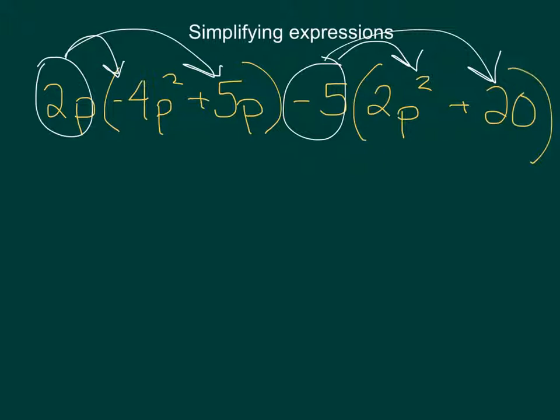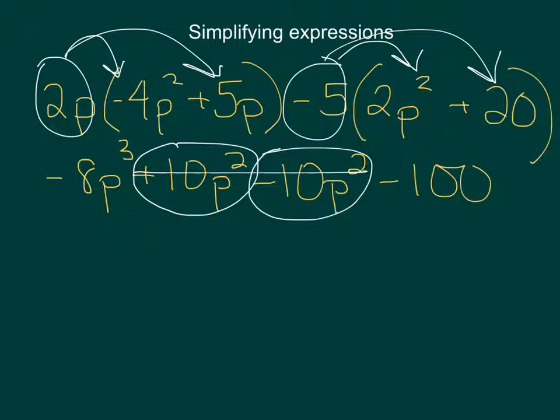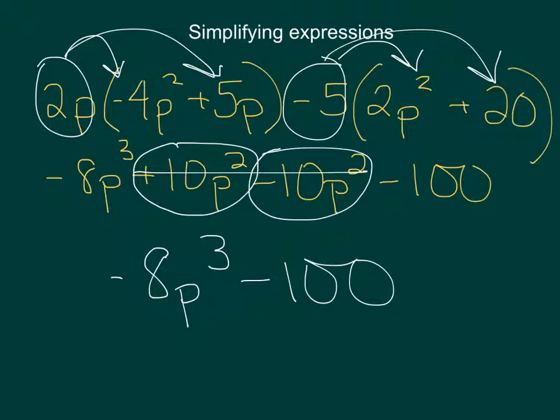So you will have -8p to the third plus 10p squared minus 10p squared minus 100. So here you can see we have a positive 10p squared and a negative, so they cancel each other out. So you're left with 8p to the third minus 100 for your final answer.